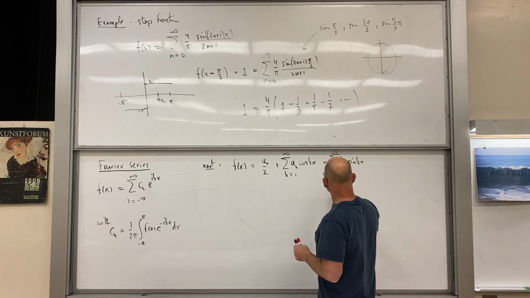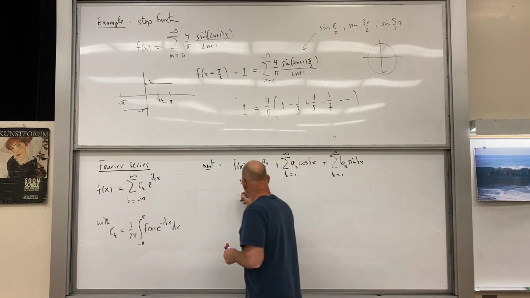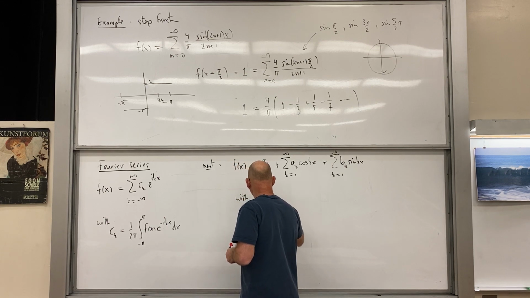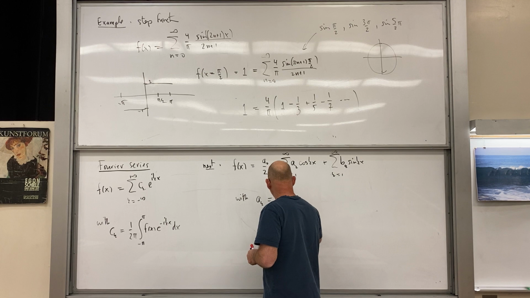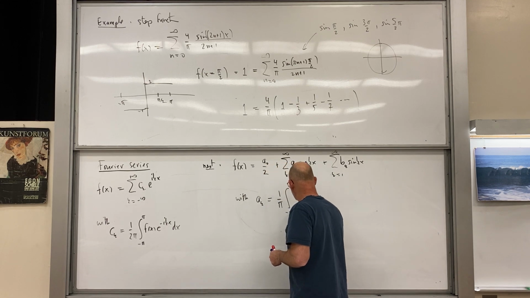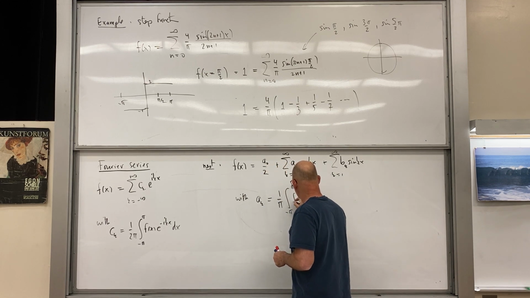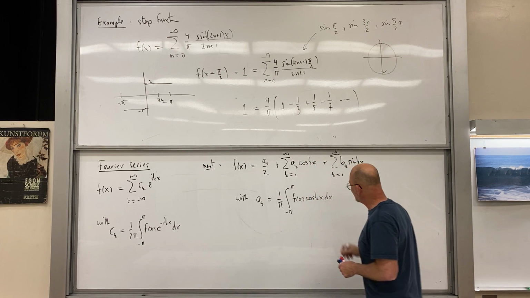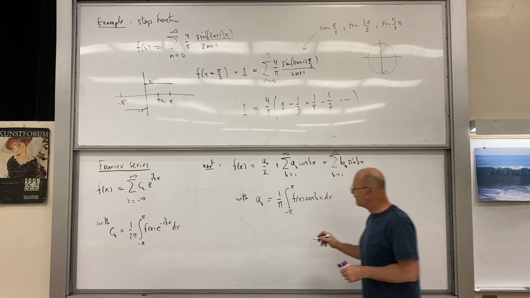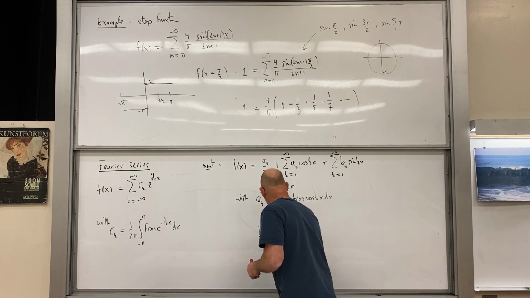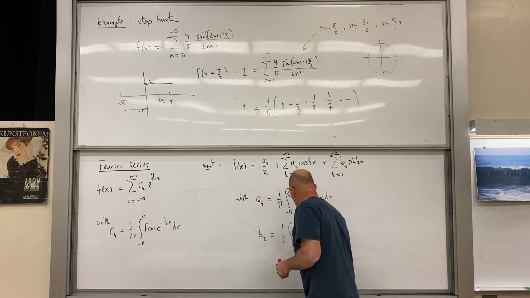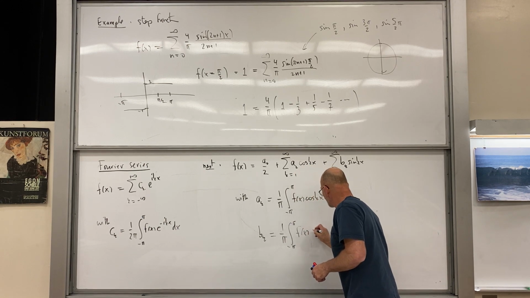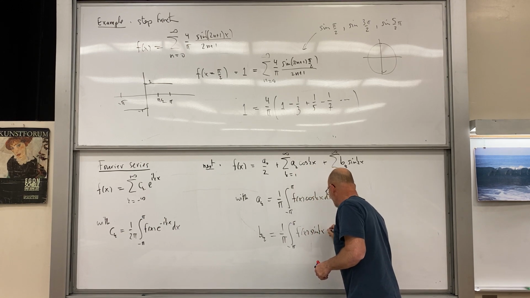That's not only possible, it's not difficult with a sub k equal to 1 over pi integral from minus pi to pi of f of x cosine kx dx, b sub k equals 1 over pi integral of f of x sine of kx dx.